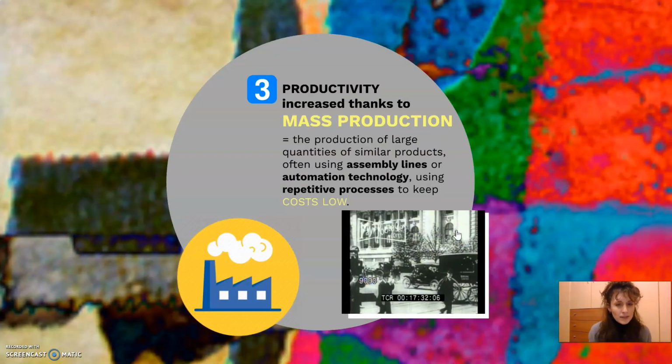Number 3, productivity increased thanks to mass production. What is mass production? Mass production is the production of large quantities of similar products, often using assembly lines, so catena di montaggio, or automation technology, using repetitive and standardized processes to keep costs low.